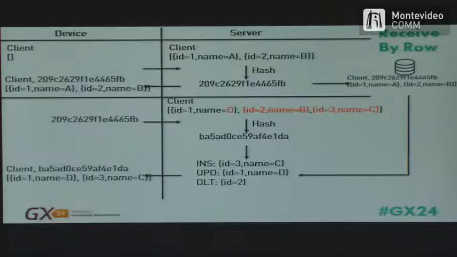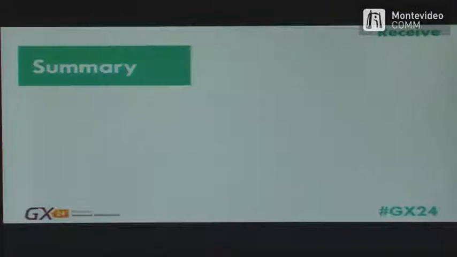The device applies the new changes, and then it shows the same data as the server. Obviously, the server stores the new hash with a new data set for the next synchronization so that it can calculate differences again.